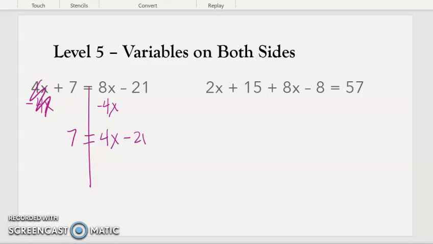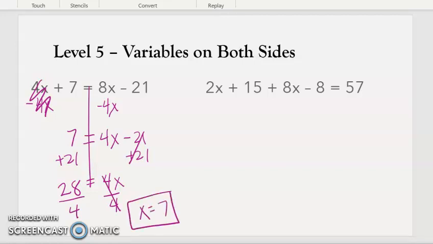Once I do that, it's just basic solving. I add my 21. 7 plus 21 is 28. And then I divide by 4. You'll notice this gets very repetitive. And 28 divided by 4 in your head or in your calculator is 7. Okay? Gorgeous.